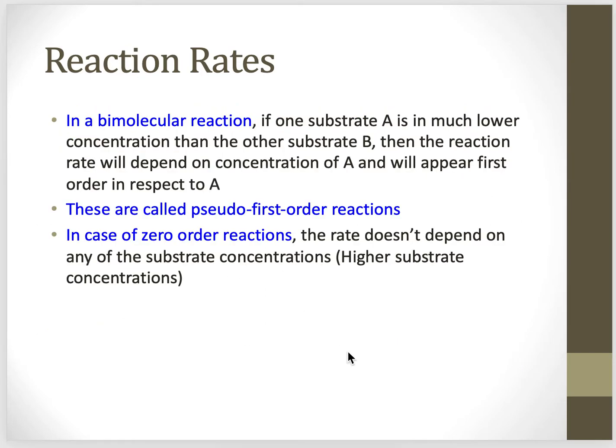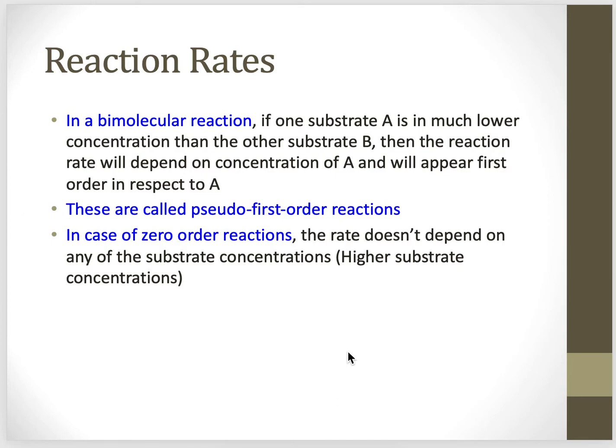In a bimolecular reaction, if one substrate such as A is in much lower concentration than the other substrate B, then the reaction rate will depend on the concentration of A and will appear first order with respect to A. That's why this is called a pseudo first order reaction. This is not a monosubstrate reaction; it is a bisubstrate reaction.